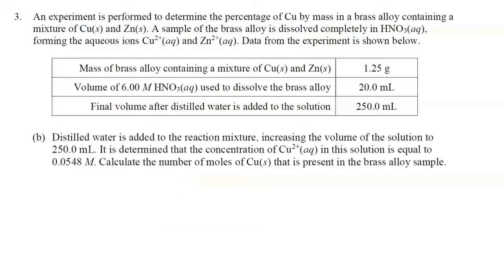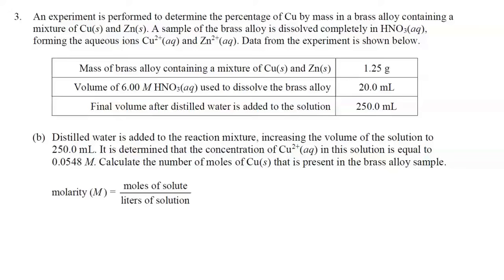In part B, distilled water is added to the reaction mixture, increasing the volume of the solution to 250.0 milliliters. It is determined that the concentration of copper ions in the solution is equal to 0.0548 moles per liter. Calculate the number of moles of copper that is present in the brass alloy sample. Again, molarity is given to us in the problem. The concentration of copper ions, 0.0548 moles per liter.